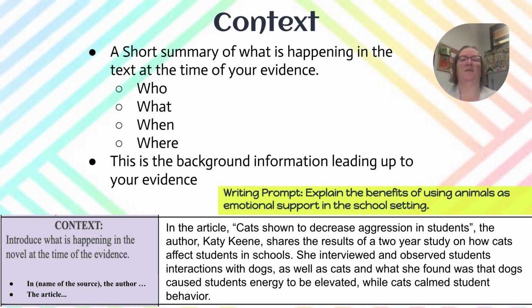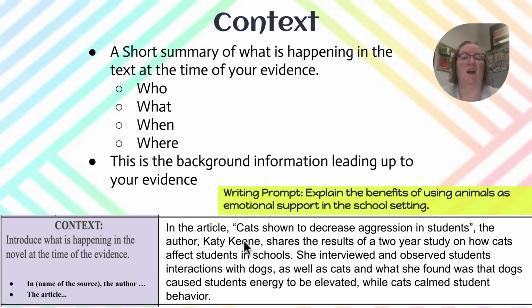In the article, Cats Shown to Decrease Aggression in Students, the author Katie Keene shares the results of a 2-year study on how cats affect students in schools. She interviewed and observed students' interactions with dogs as well as cats, and what she found was that dogs caused students' energy to be elevated while cats calmed student behavior. So, right there, you see I've introduced the article, that's the text.